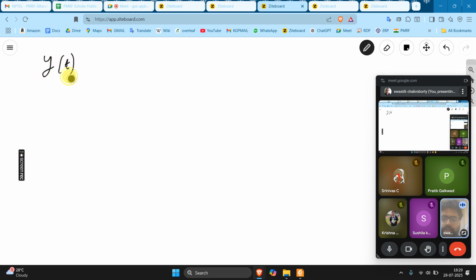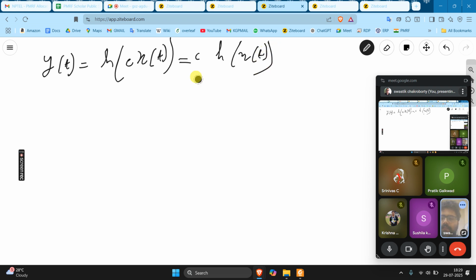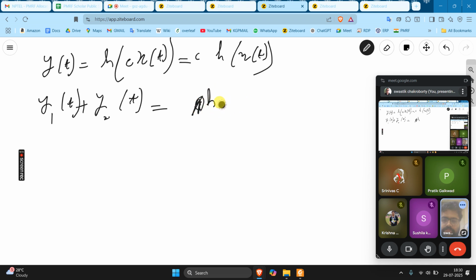A system H is linear if y of t equal to H of c x of t will give c of H of x of t, and y1 of t plus y2 of t should be H of x1 of t plus x2 of t.